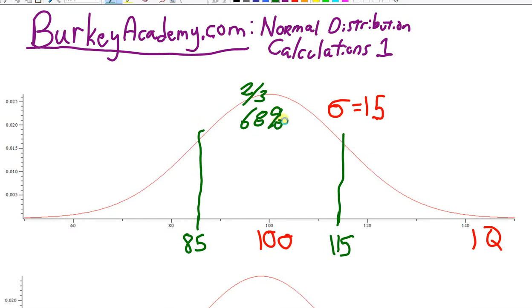I use the accurate number to 2 decimal places, which is 68.26% of people who should have an IQ between 85 and 115, in the entire population.